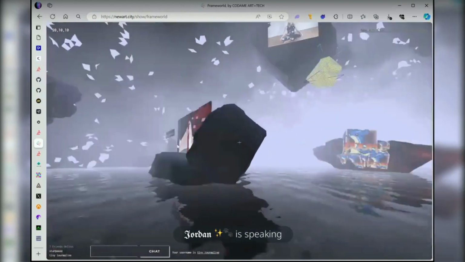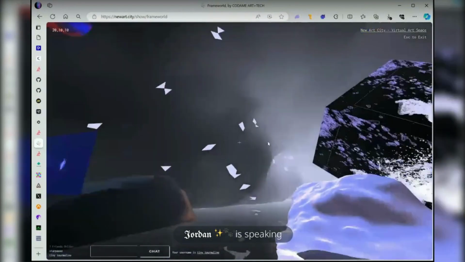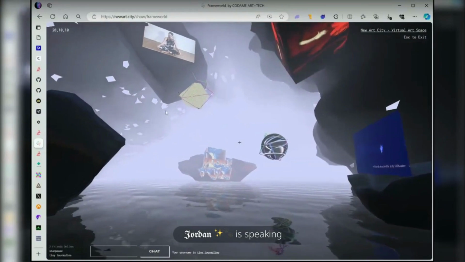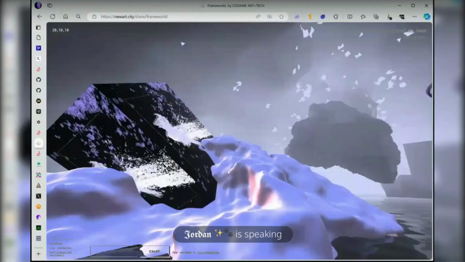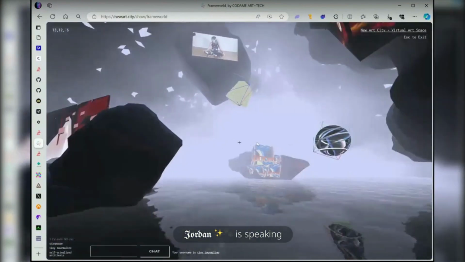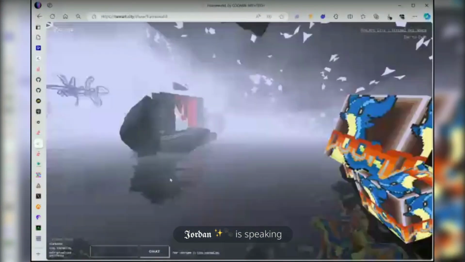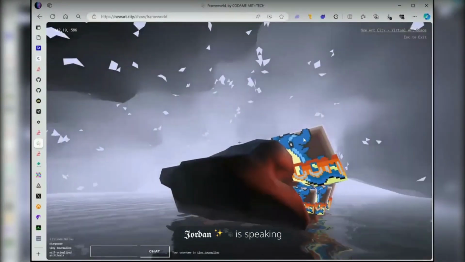New Art City is one of the more interesting platforms where you can create worlds and place NFTs in them. And this is great for artists and art organizations like Kodame, where we've been able to create this world for an art show, and we have openings in here, and it's multi-user, so many people can come in and enjoy this world together and check out all the different art.